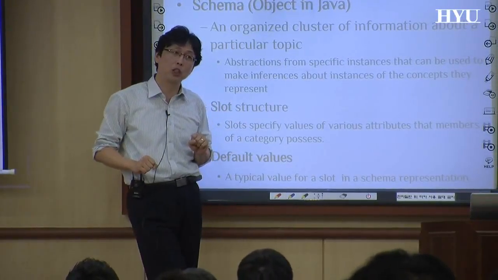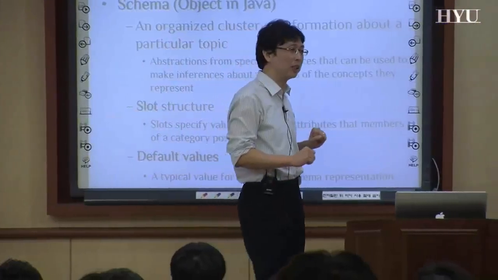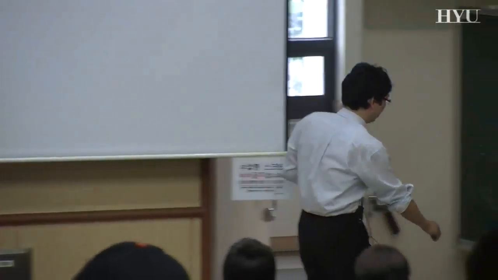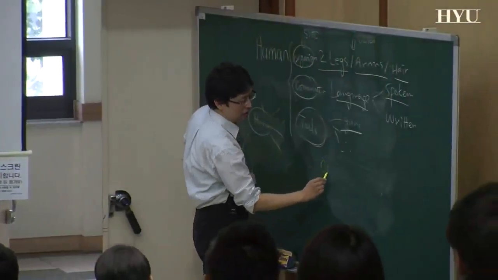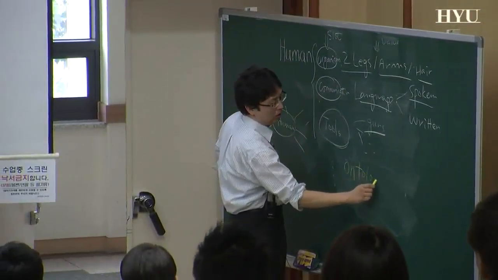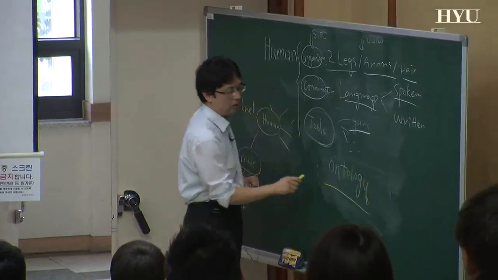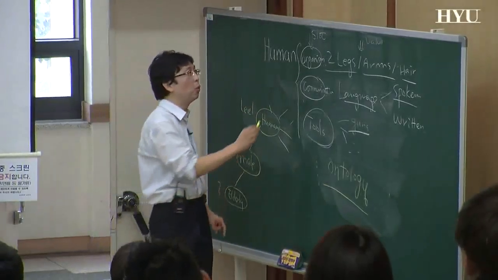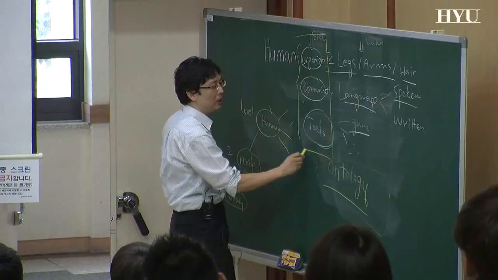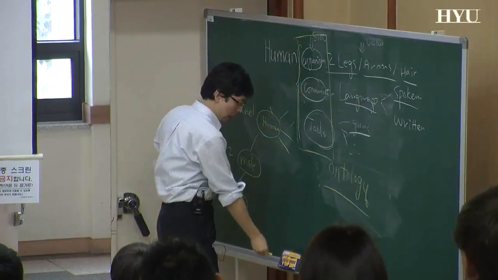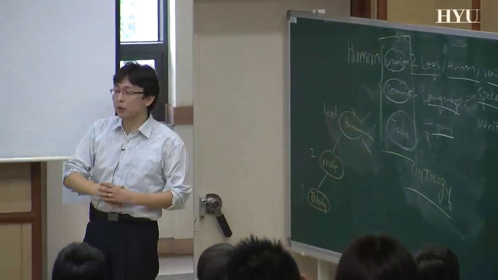So you probably heard some of the ontological concept. Ontology, have you heard about ontology? Ontology is the way to define this slot. That is another buzzword in computer science.